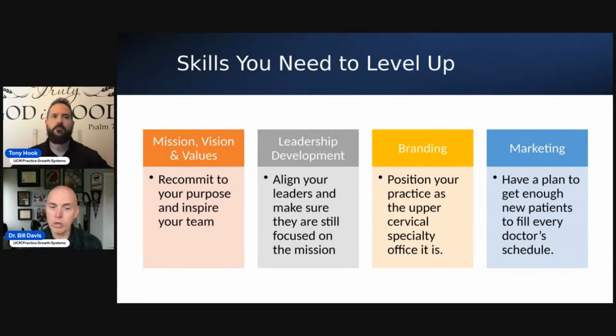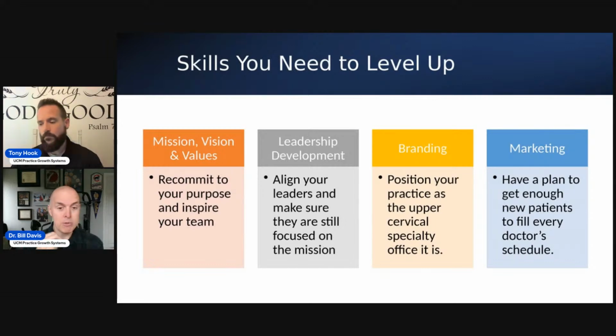And then branding and marketing become really, really important at this stage, right? You've got to position the practice as the upper cervical specialty office it is. If you want to keep growing, you've got to be thinking about all the details, all the different aspects of the practice, to really have it dialed in. And then the marketing aspects: having a plan to get enough new patients to fill every doctor's schedule.